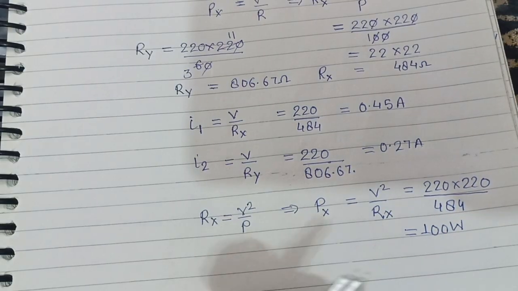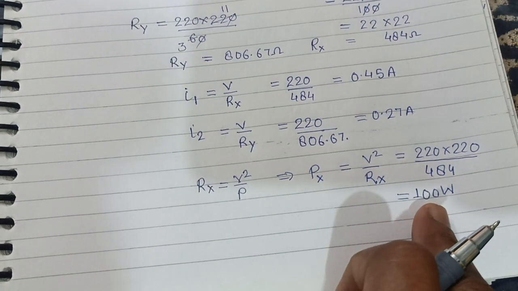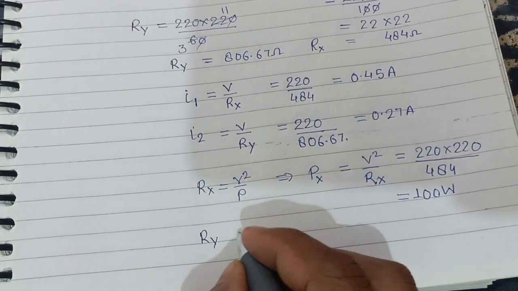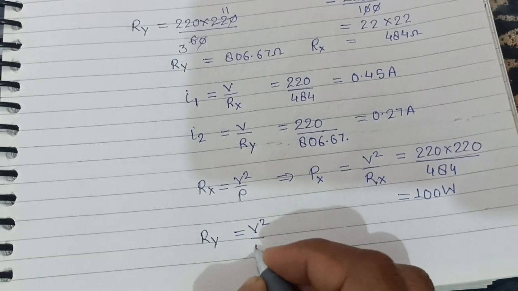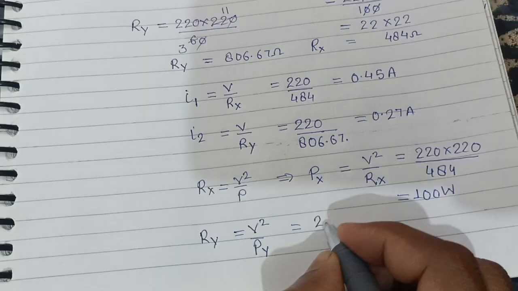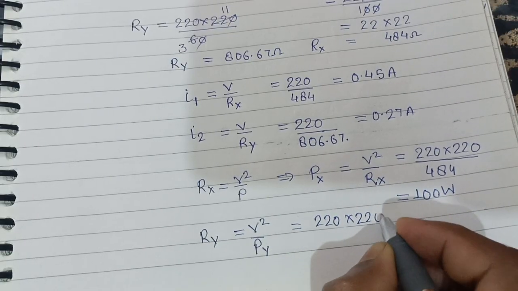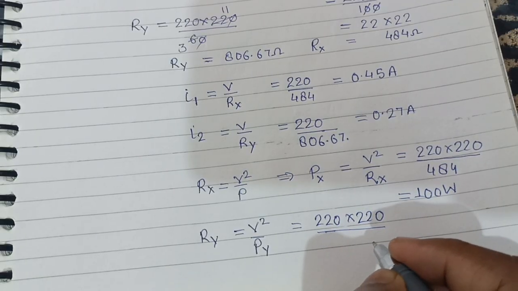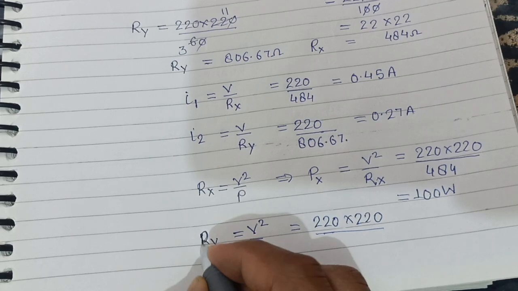This is also given in the question. Ry is equal to V square by Py, so we have to find Py.